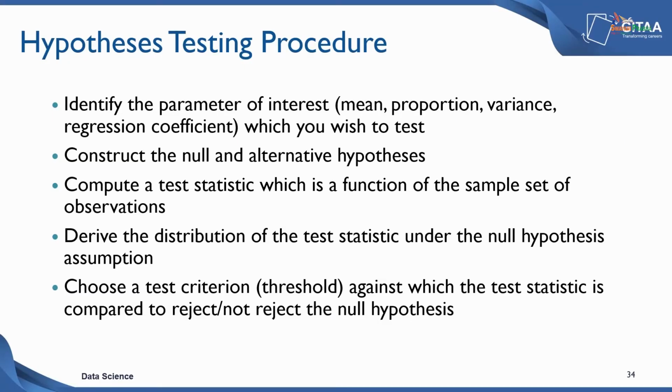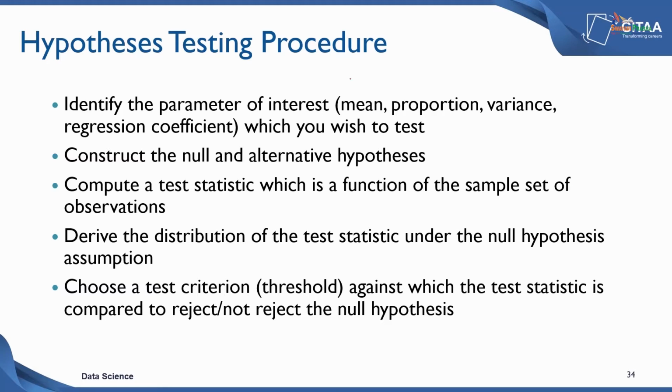Before we get into understanding the different types of tests that are available and how you choose a given test given a business question that needs to be answered, let's look at a procedure that is required to be followed. The first thing that you do is really understand what it is that you are testing.